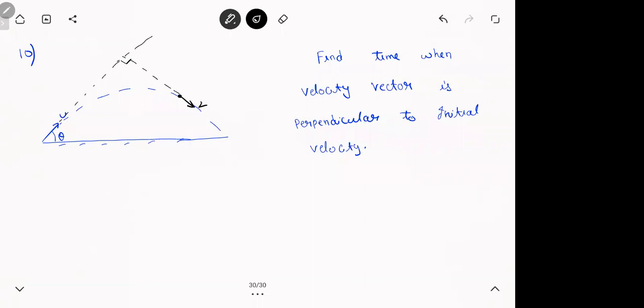What is the time? Hope the question is clear.